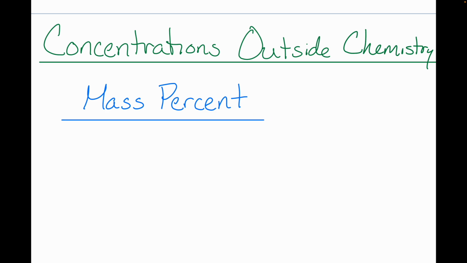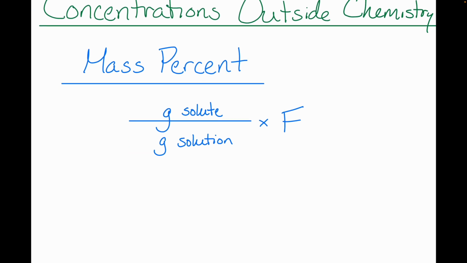All right, so our definition of mass percent is grams of solute divided by grams of solution times some factor F. The value of F is different depending on what specific units are being used.